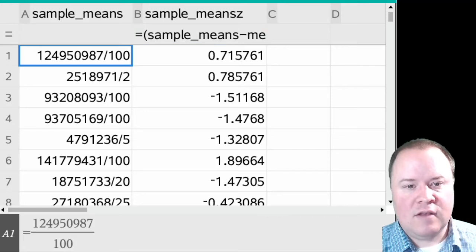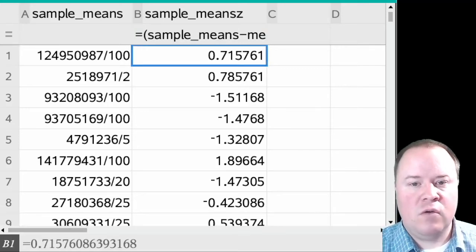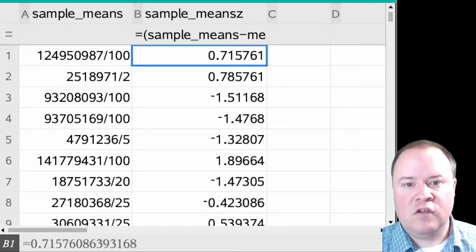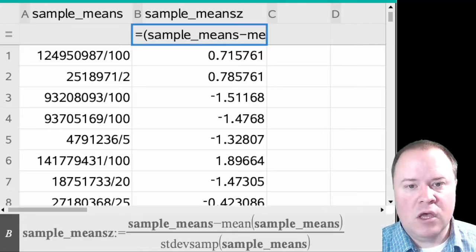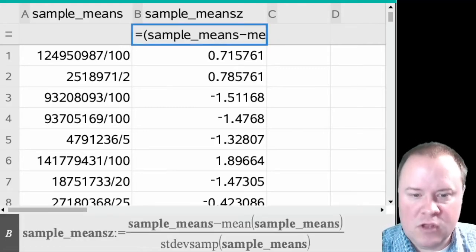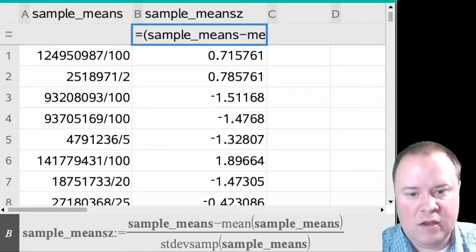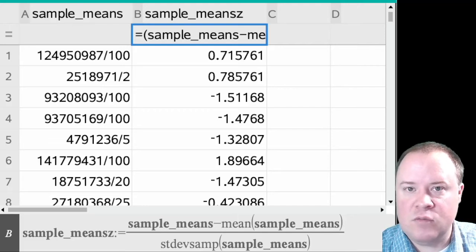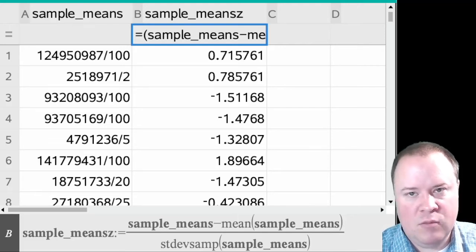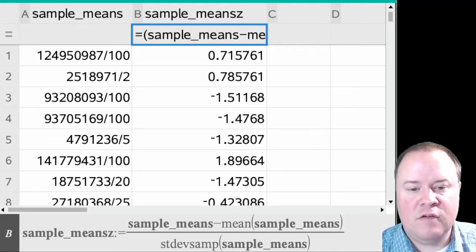For instance, this data point is 0.71 standard deviations above the mean. And the formula is really simple. You take the actual data point, subtract the mean of the entire sampling distribution in this case, and divide by the standard deviation.